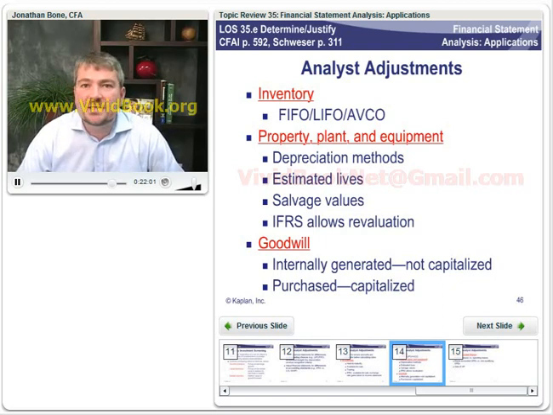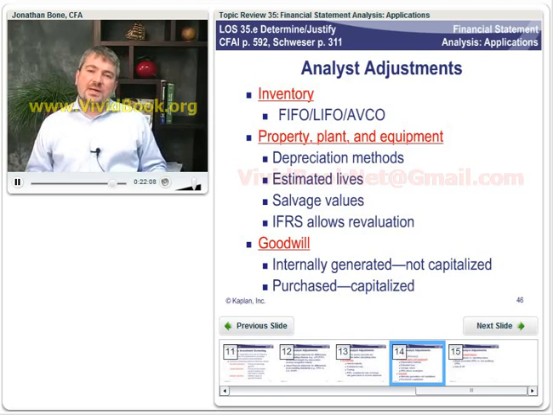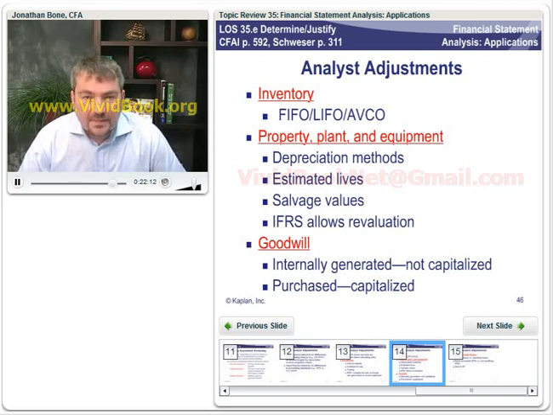Plant, property and equipment, depreciation methods, accelerated or straight line, but then we also need to look at the assumptions that they've used, such as estimated life, salvage value, and again there's another huge difference here between US GAAP and international accounting standards, and that is IFRS allows you to revalue plant, property and equipment and intangibles to market value and take the unrealized gains and losses into your stockholders' equity. In other words, rather like an available for sale security.